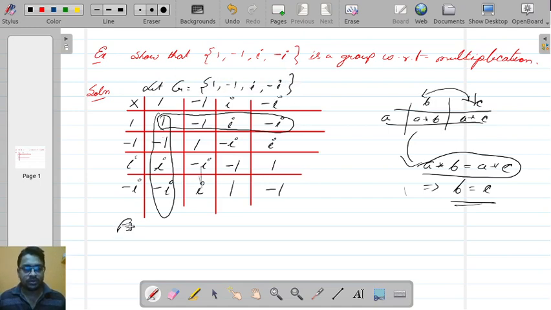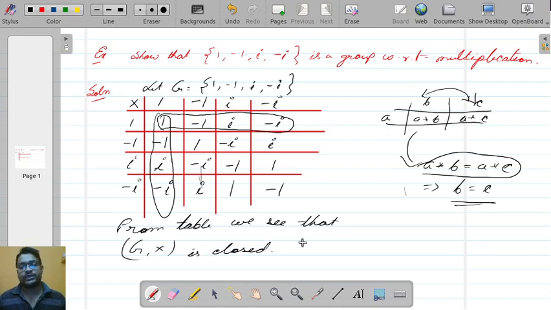Okay, so from the table we see that G cross is closed. So the closure property is satisfied, and the other properties will be satisfied because the associative property is satisfied, since these are just complex numbers.